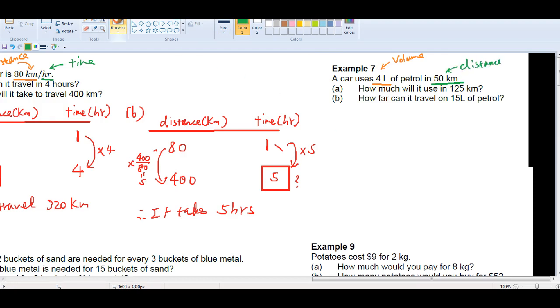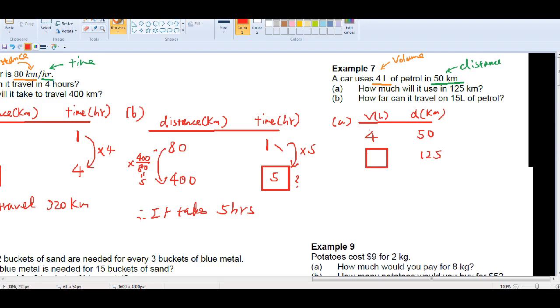Okay, let's do it. This time I got volume. I'm going to write smaller because I'm running out of space. Volume and distance. So I got volume, which is liter, and km, right? So I got 4 liters travel for 50 km. How much will you use in 125 kilometers? So this is what you are looking for.